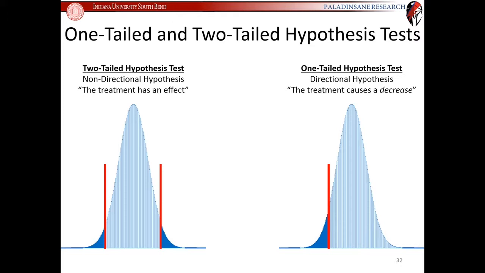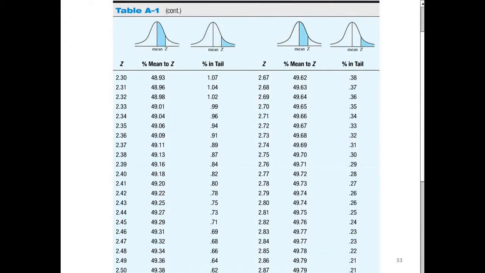So we need to find what z-score is going to give us 1% in the tail. So we take a look here for 1% in the tail. The closest is right there, 0.99. So we don't have exactly 1.0, but we got 0.99. That's 1% in the tail, as close as we're going to get.